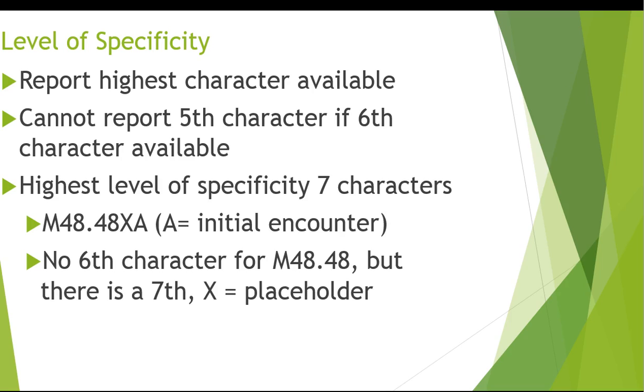A 3-character code is going to be used only if there is not any further subdivision. A 4, 5, 6, or 7-character code is not found within that level. That's the only time you'll be able to use a 3-character code.